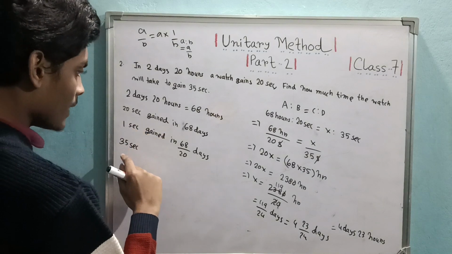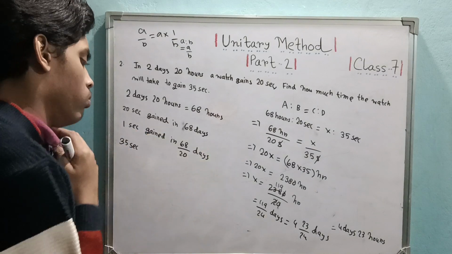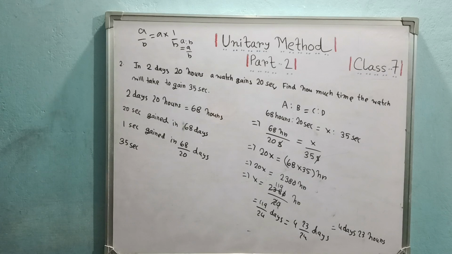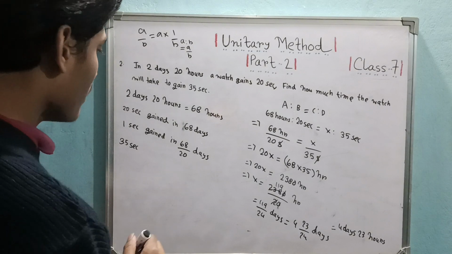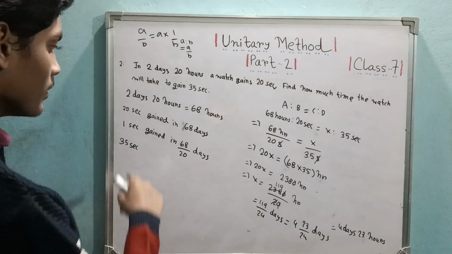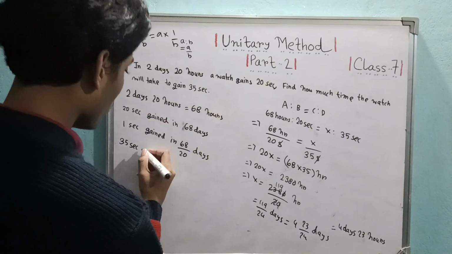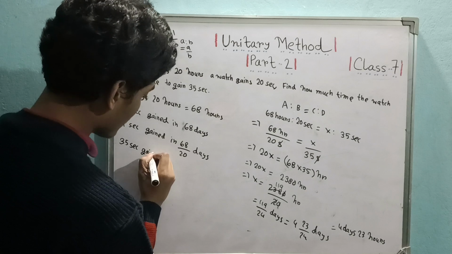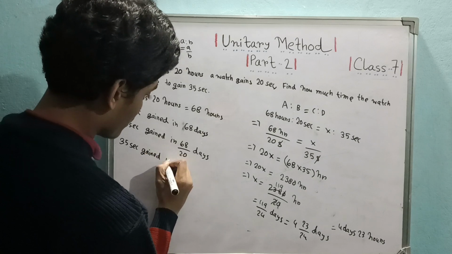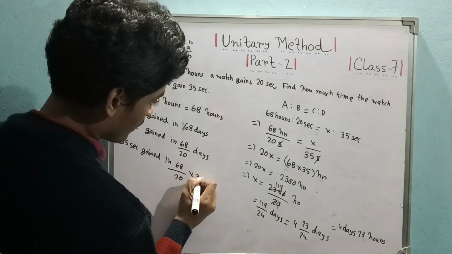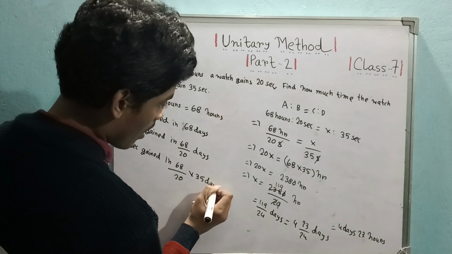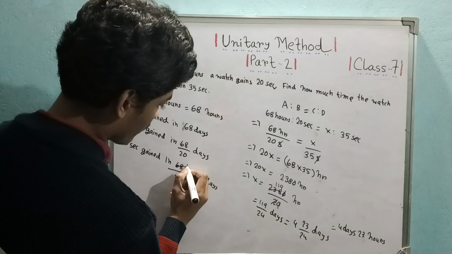So to get more time, we require more time period. Therefore, we have to now multiply. For increase, we have to multiply. For decrease, we have to divide in the unitary method. Into 35. And now let's do quick maths.